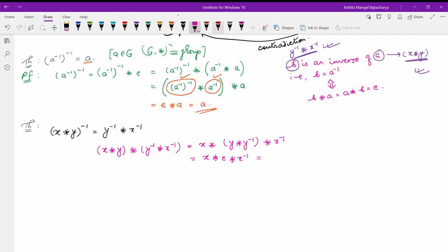One thing to remember is that if we have an associative operation, then parentheses or brackets can be added or removed as per our need.